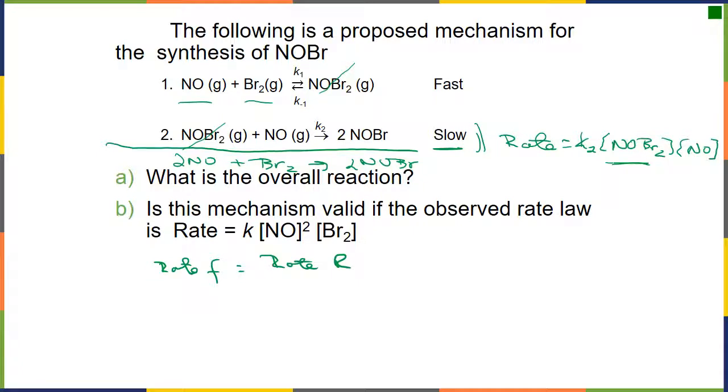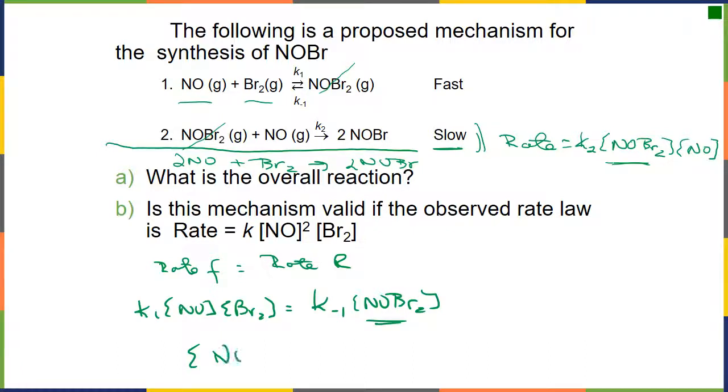Just shorthanding this, we're going to have k1 multiplied by NO times Br2 is equal to k-1 times NOBr2. If we solve for NOBr2, our intermediate cannot appear in our final rate law. That's going to equal k1 over k-1 times NO times Br2.